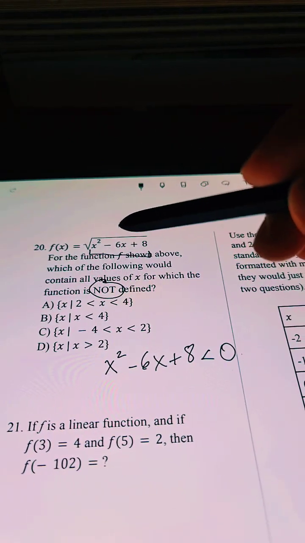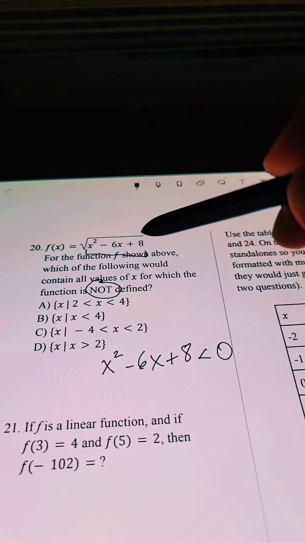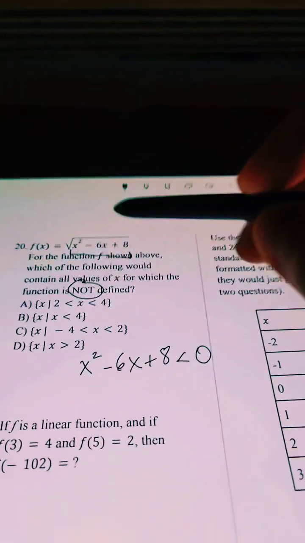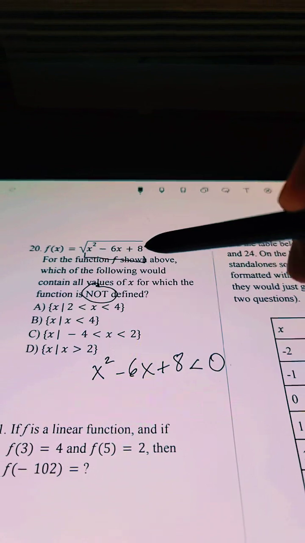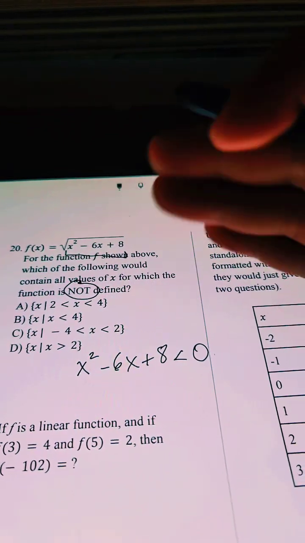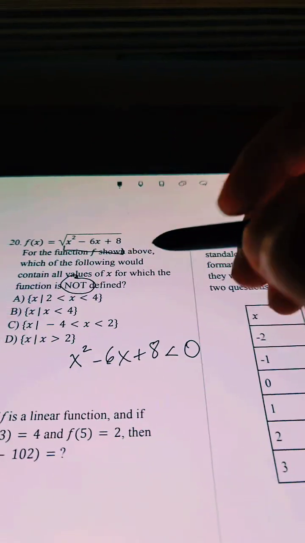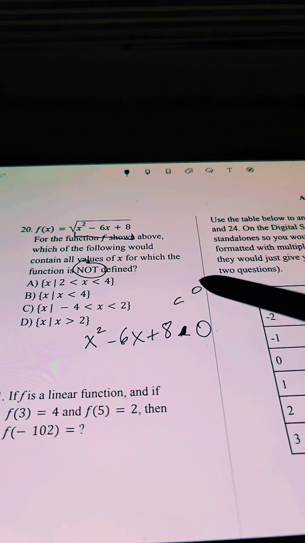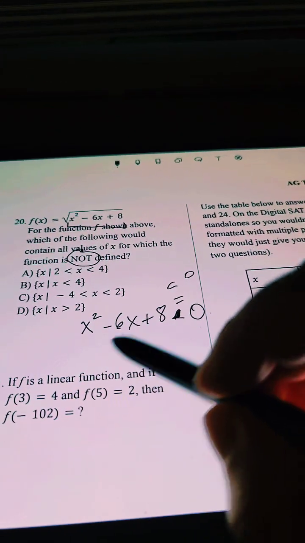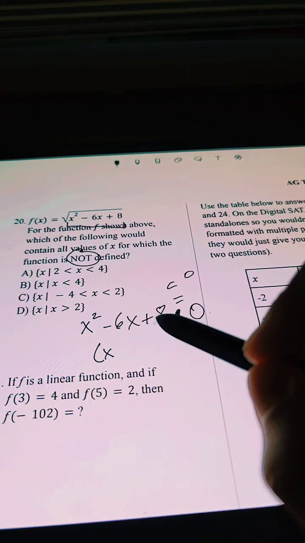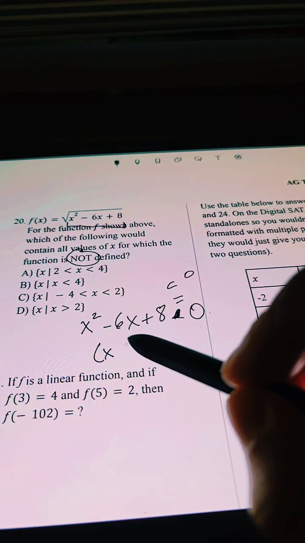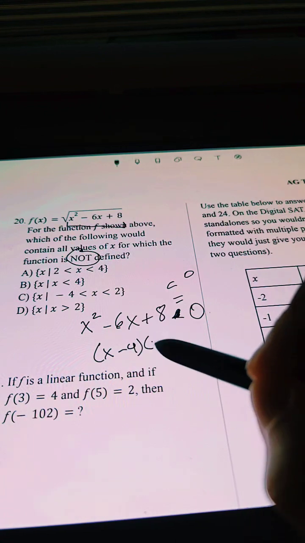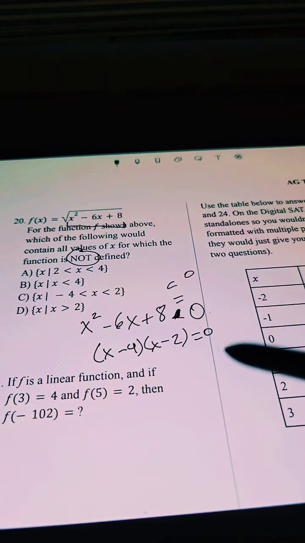I would probably just see when it equals 0, and then play off of that. So I would say, okay, when is the inside equal to 0? Because then I know if I go in a certain direction, I'm going to get a negative value. I want this to end up being less than 0, but right now I'm going to pretend it's equal to 0. So I have x minus 4 times x minus 2 to get it to equal 0.